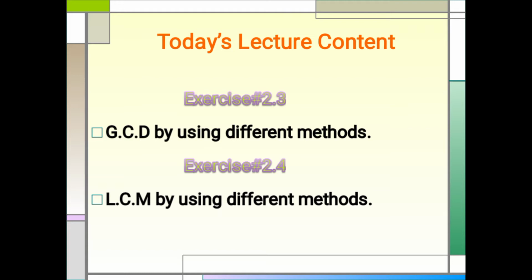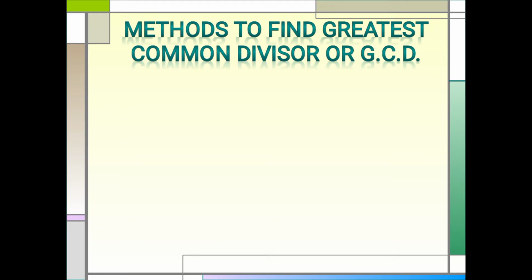First of all, we will cover our first topic: methods to find the greatest common divisor, or in short, GCD. Students, there are different methods to find the greatest common divisor. So, what are those methods?